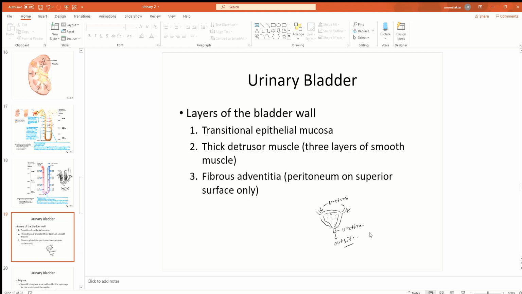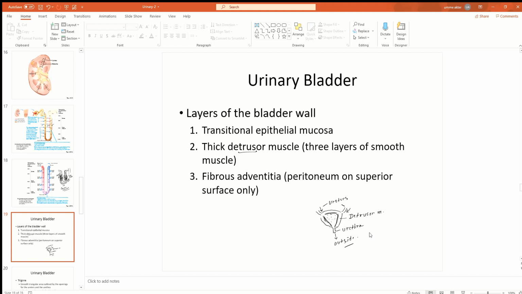Now in the wall of the bladder, you have a muscle that is called detrusor muscle. Okay, here, thick detrusor muscle, and that can squeeze the bladder and relax the bladder. So that muscle is one type of smooth muscle, but it has more elasticity. Okay, and the inner lining of the bladder, the thin epithelial membrane, that's the innermost layer, is transitional epithelium.